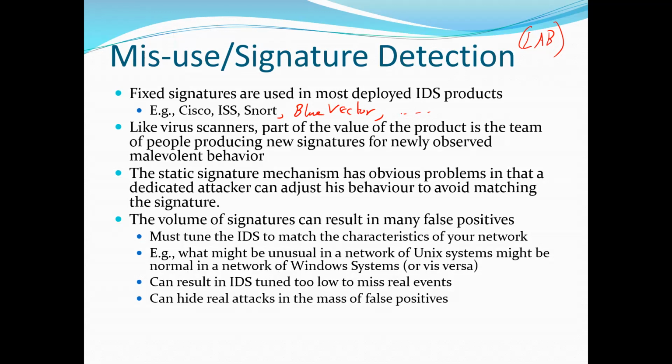All right, so like virus scanners, I mentioned this a lot, like McAfee and Symantec and all of those, part of the value of the product is the team of people producing new signatures. I think I read some time ago that they have one expert that only does SQL injection signatures.